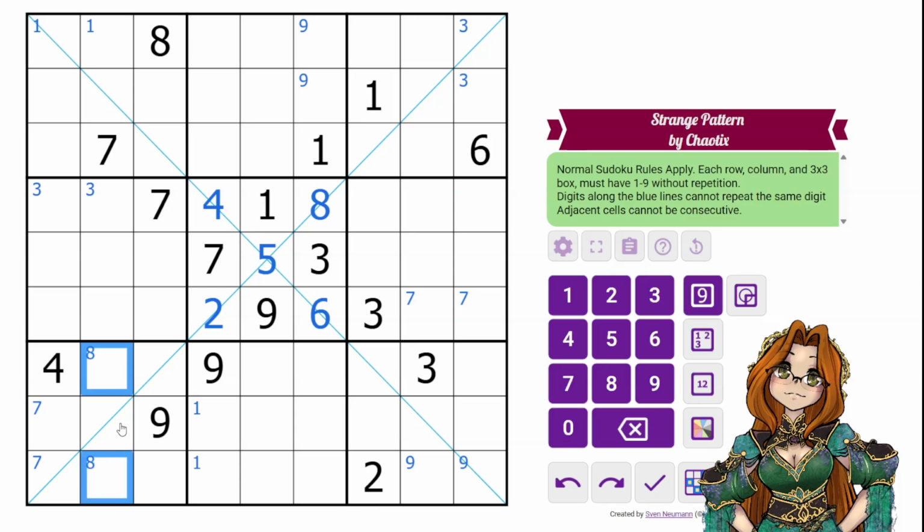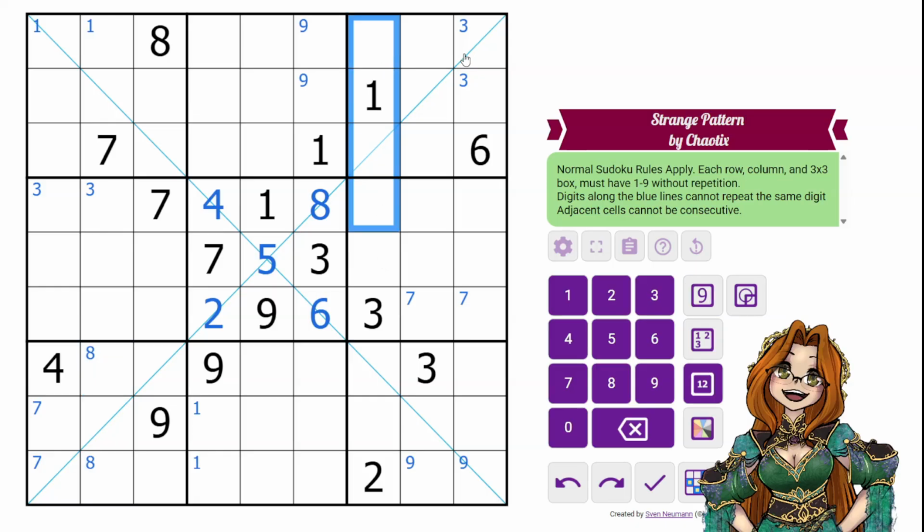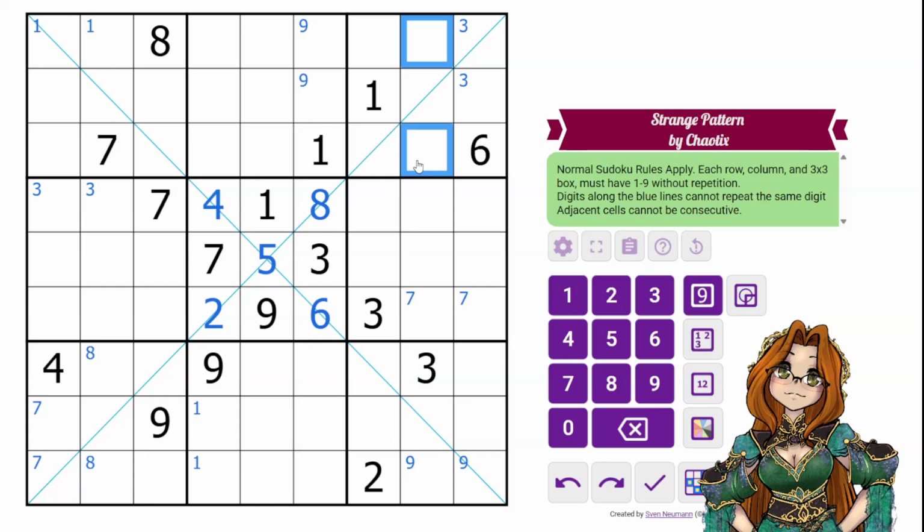So we have an 8 pair there. Does this work the same? With 2's up here, it does.